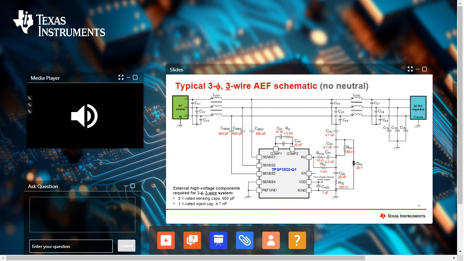The three-phase IC can also be configured for use with a 3-wire schematic with no neutral. The unused Sense 4 pin is tied to the reference ground.